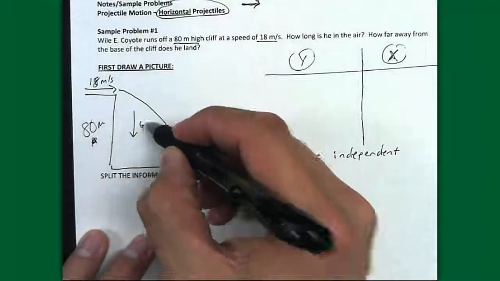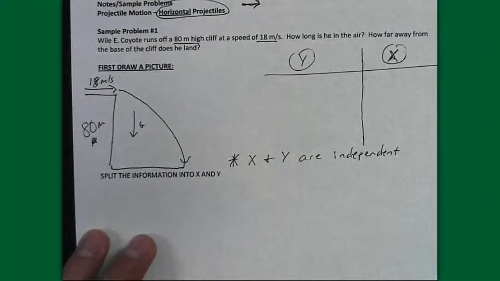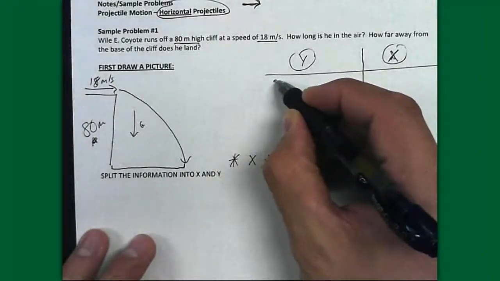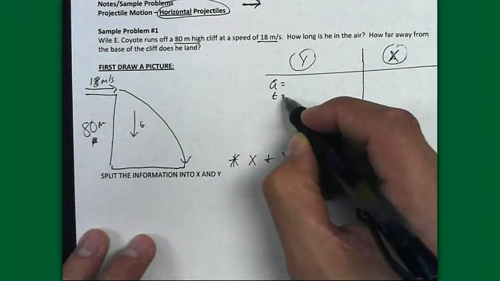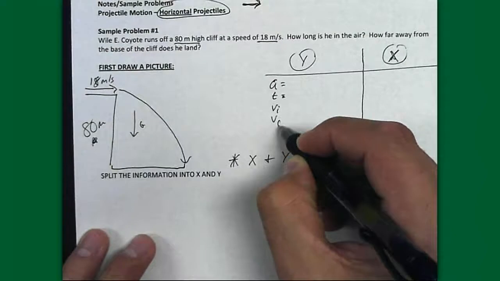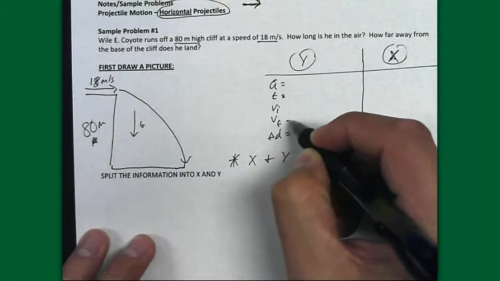Gravity is pulling downward, and anytime you have gravity, that will cause things to accelerate in a downward direction. If there is acceleration, hopefully you remember that we solve those problems with kinematics, which have the variables a, t, vi, vf, and delta d.